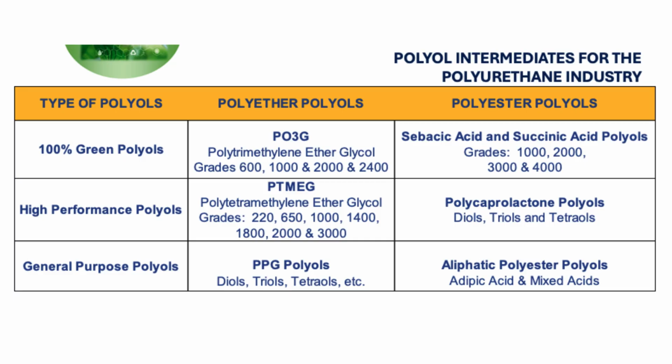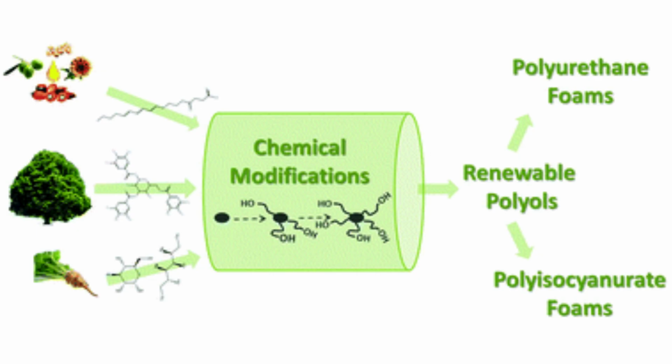Selecting between polyether and polyester polyols depends on specific needs such as hydrolytic stability, mechanical properties, chemical resistance, and cost, critical for developing tailored, high-performance products. Ongoing advancements in the polymer industry are expected to introduce new polyol types and enhancements, expanding customization options and optimizing performance across diverse applications.